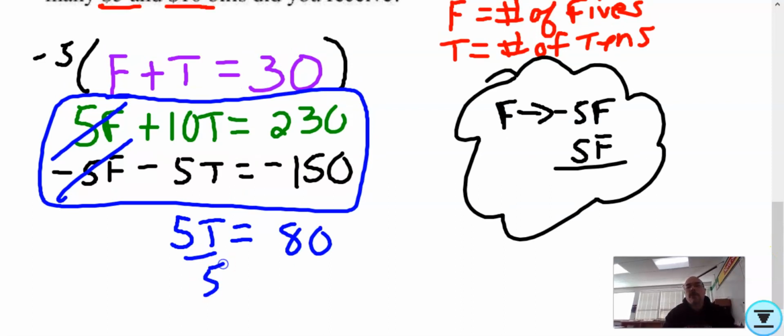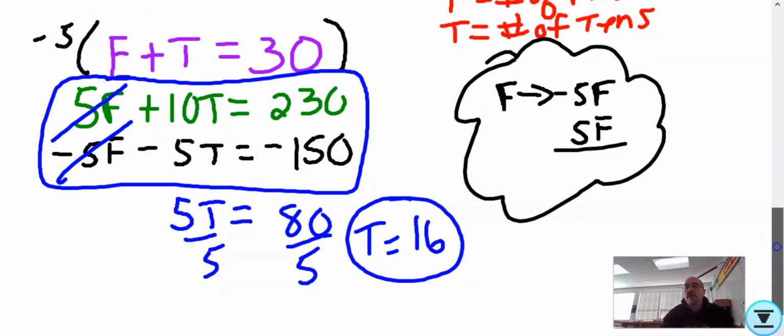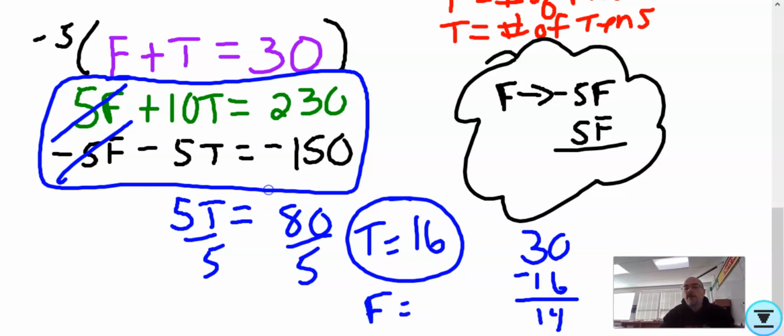And do my algebra, and I find out, let's see, 80 divided by 5, 16. All right, we're going to get 16 $10 bills. So if you got 30 all together, and 16 of them are $10 bills, that would leave 14 of them as $5 bills.